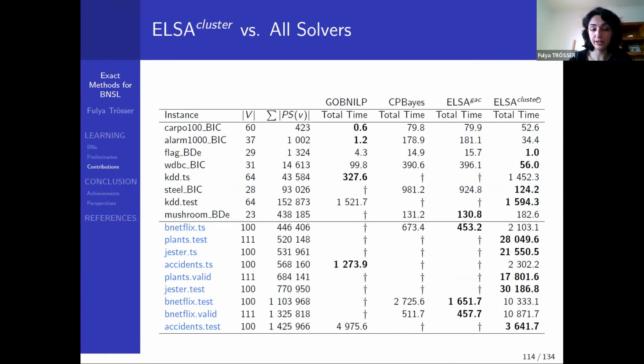ELSA with cluster cuts is the winner in terms of the number of datasets solved to optimality, and in terms of CPU times it is the overall winner half of the time, and still much faster than CPBayes and ELSA with GAC most of the time, making it even more competitive with GOBMILP as opposed to CPBayes.